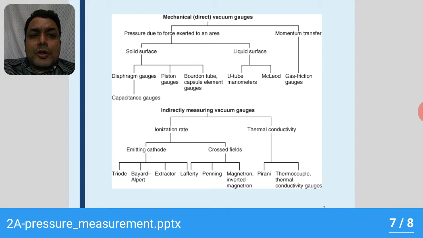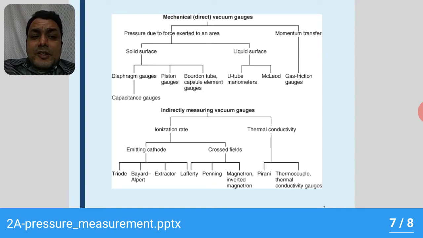For liquid surface we have U-tube manometers and McLeod gauges. For solid surface we have diaphragm gauges, piston gauges, Bourdon tube gauges, capsule element gauges.